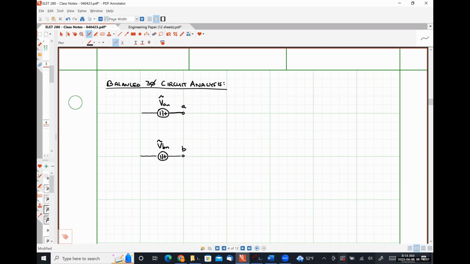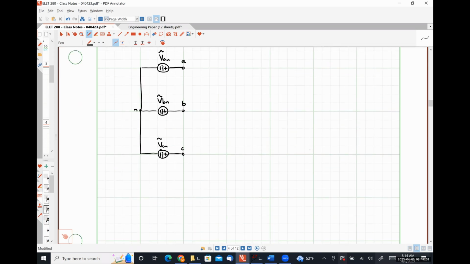Here's my B terminal. And a voltage VCN like so. This point of interconnection here is my neutral, but I'm going to do something a little bit different here.